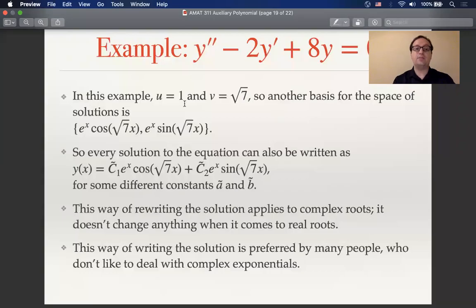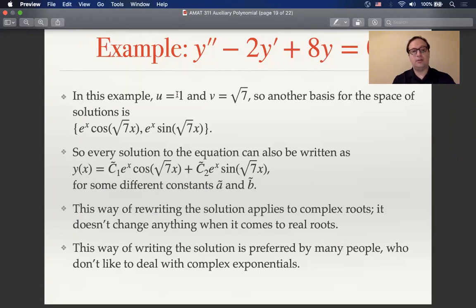So in our example, we had a pair of complex roots, 1 plus i square root of 7 and 1 minus i square root of 7. So this means that we can replace the complex exponentials e to the (1 plus i square root of 7)x and e to the (1 minus i square root of 7)x by this pair here.